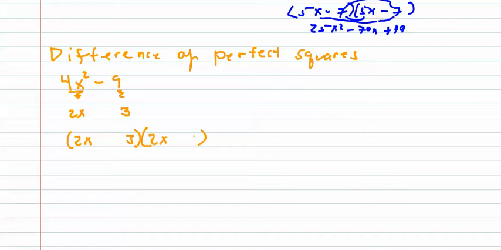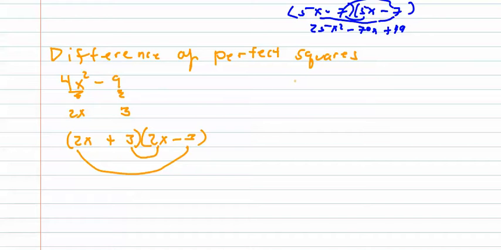And when I go like this, they have to be opposites because I have no middle term, so I make it a plus and a minus. 2x times 2x, 4x squared, 3 times 3 is 9. Because it's a negative, we need a positive and a negative. And then our positive 6x and our negative 6x cancel. Again, with the difference of perfect squares, you don't really have to think too much about it.